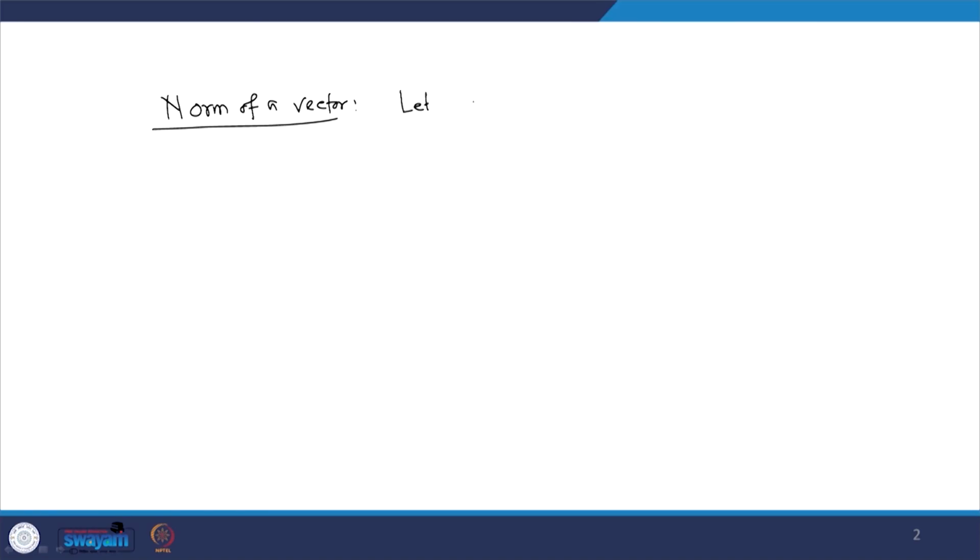Let V be a vector space over a field capital F. So, the field here is either real number or complex number, please. Let alpha belong to V be any element.